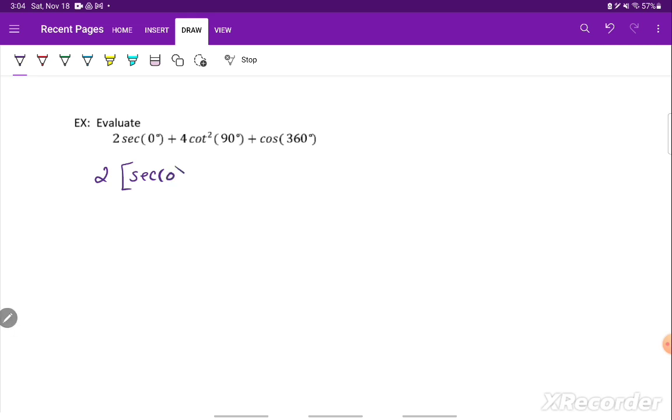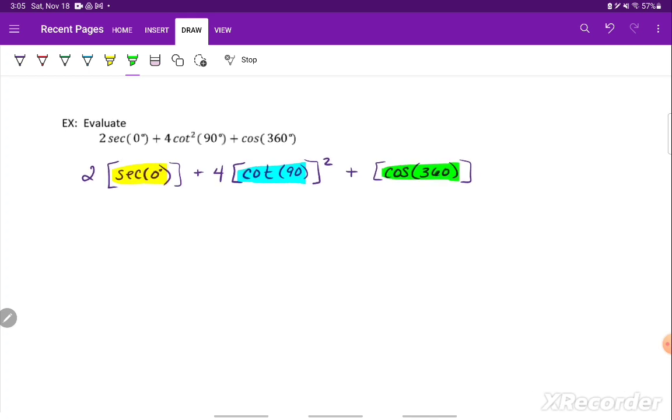So we need to find secant of 0 degrees, this is like 4 cotangent of 90 squared, and then we need to find this cosine of 360. So we need to find these 3 numbers, just as we did in the previous examples, and then once we get those numbers, we're just going to plug them in their spots.